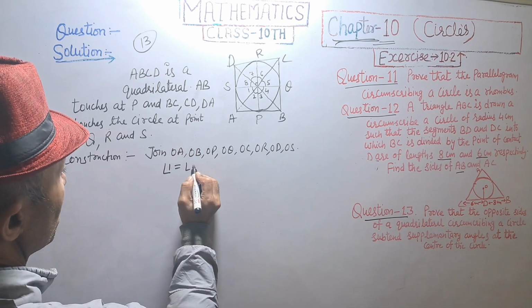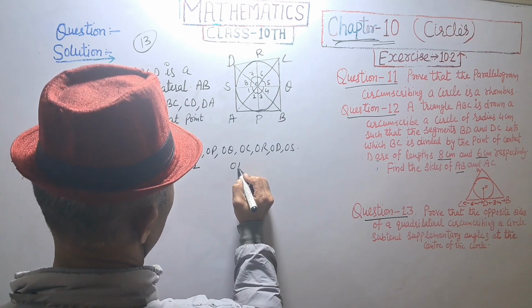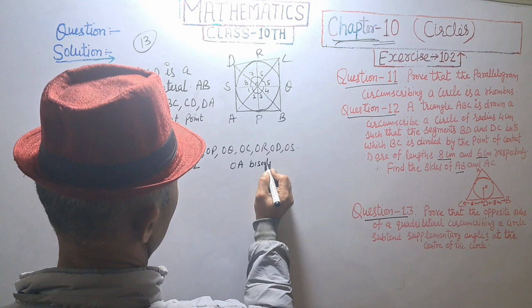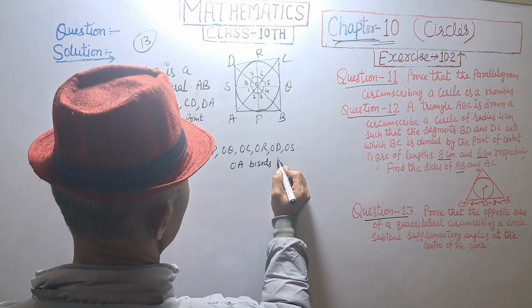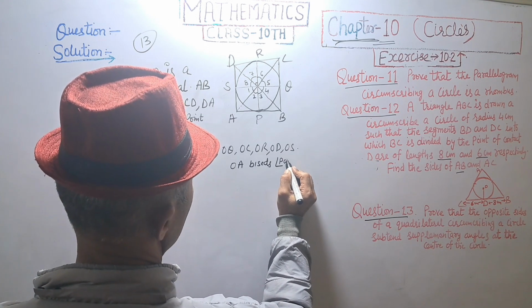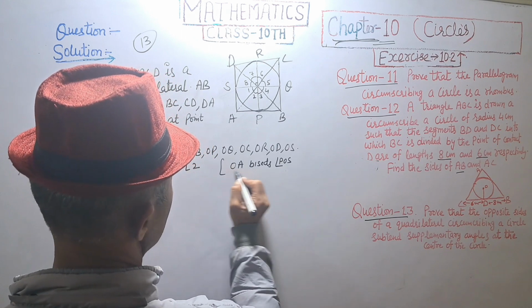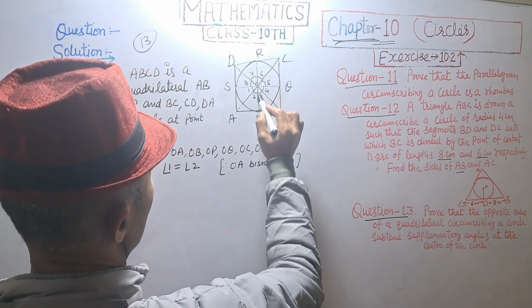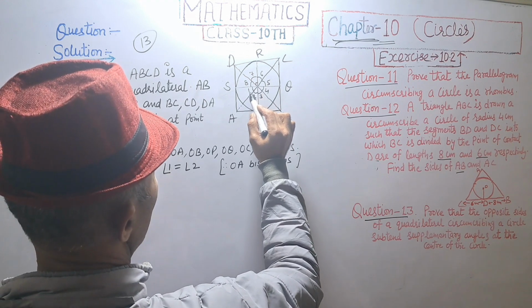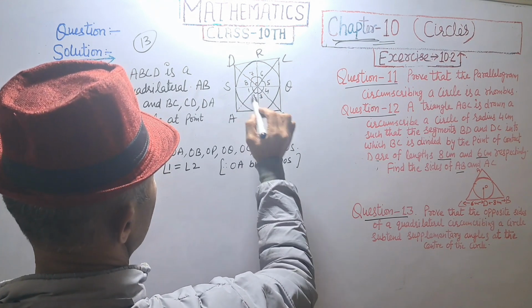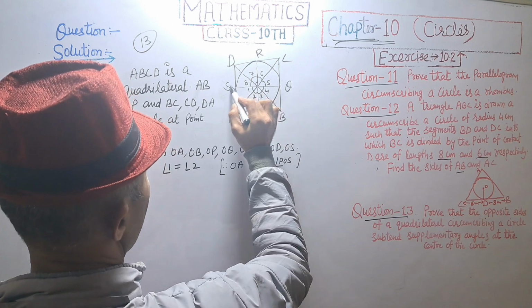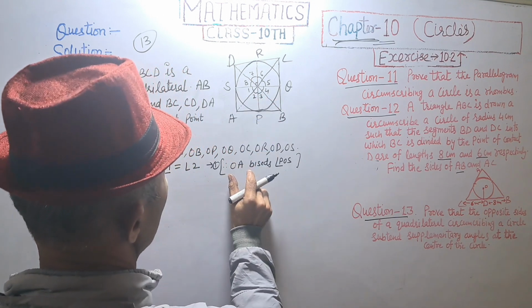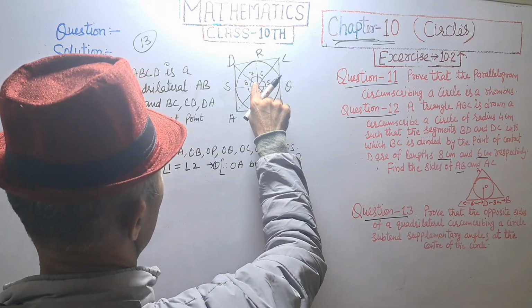Angle 1 is equal to angle 2. OA bisects angle POS. Equation number first: OA bisects angle POS.